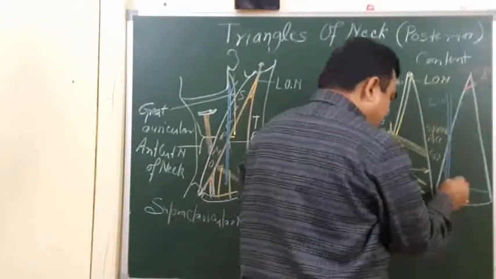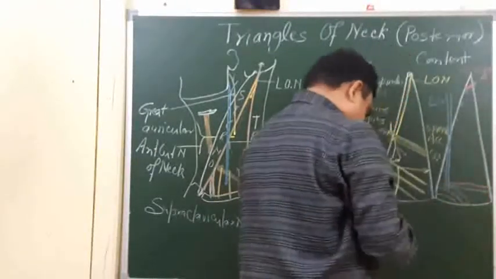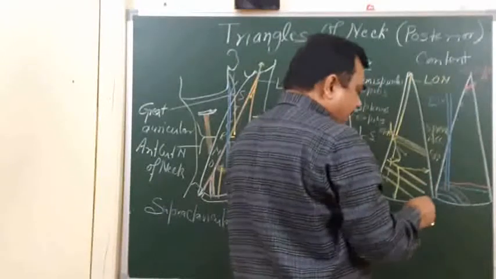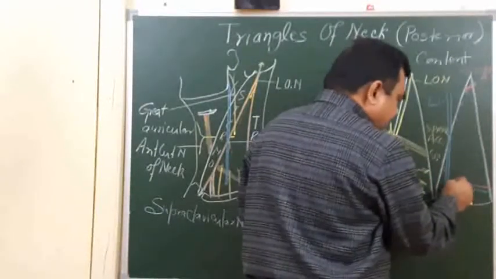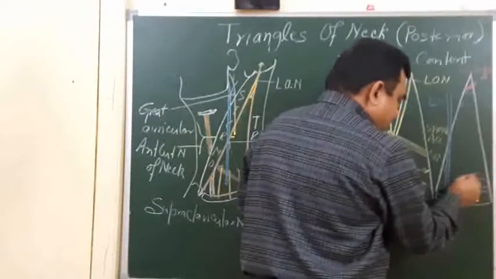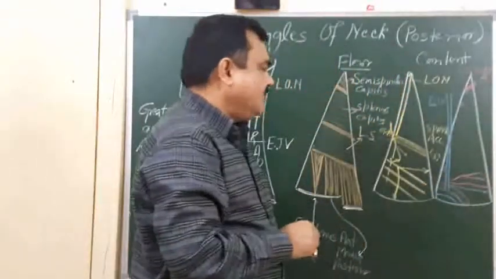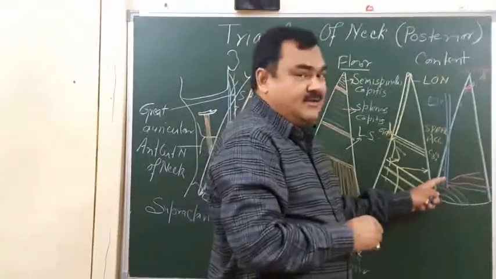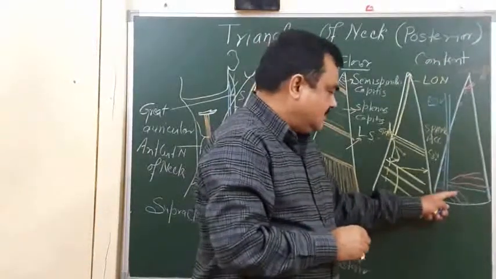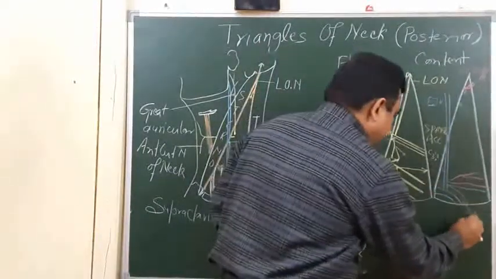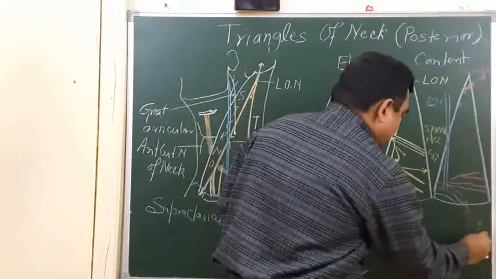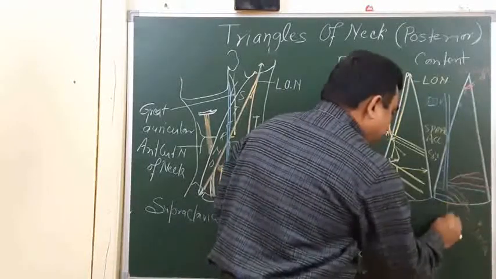There is an accompanying artery, the suprascapular artery, which is a branch of the thyrocervical trunk. There is the superficial transverse cervical artery. This is again a branch of the thyrocervical trunk, and the thyrocervical trunk is a branch of the subclavian artery. This is the subclavian artery. This is the subclavian vein.